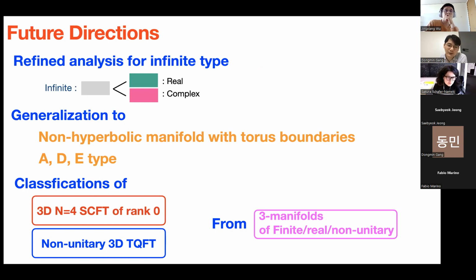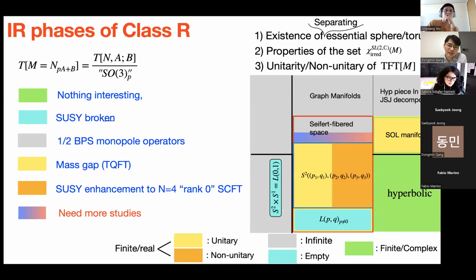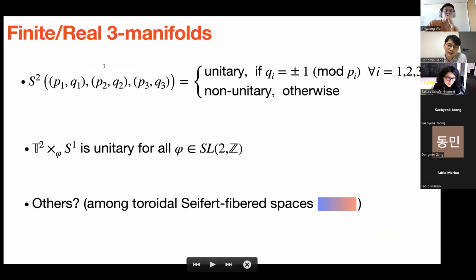Everything up to rank 4 using just N=2 and this class of 3-manifold. There are some more classes of finite real 3-manifolds, and obviously this one is not studied well; mathematicians studied this part.